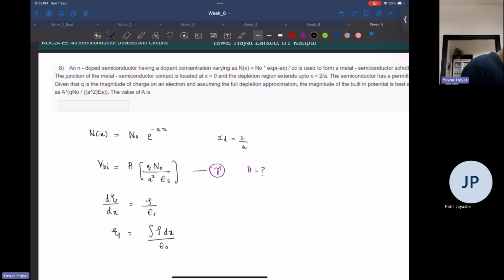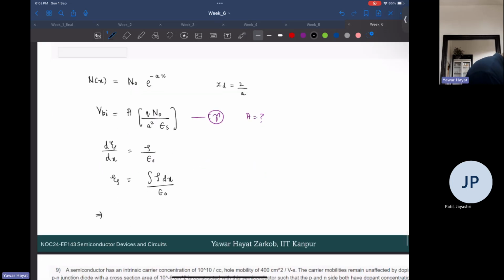Straightforward, right? So from this you get that electric field is equal to q n0 by epsilon, exponential of minus ax whole divided by minus a plus c, right?